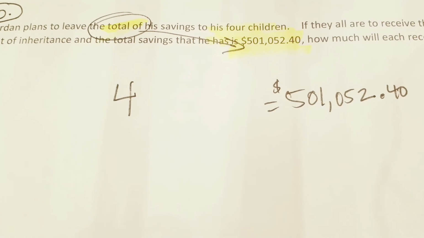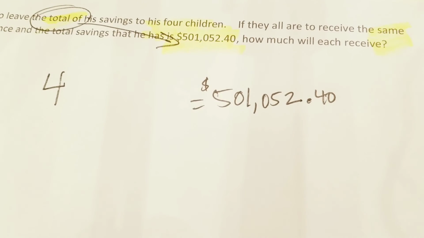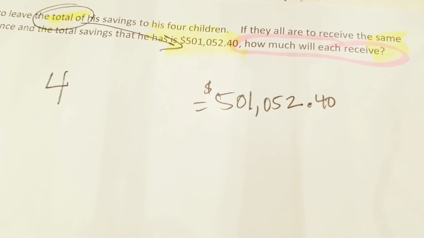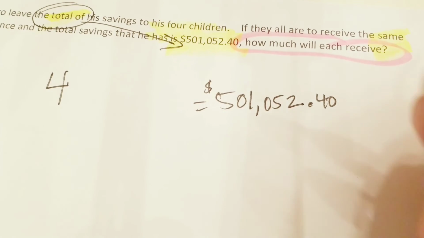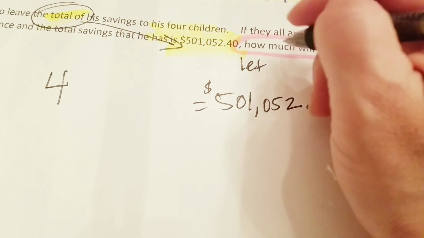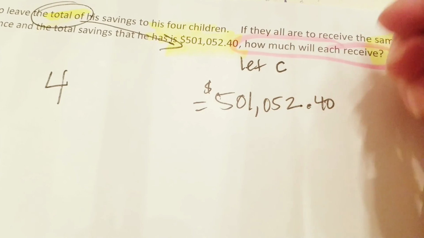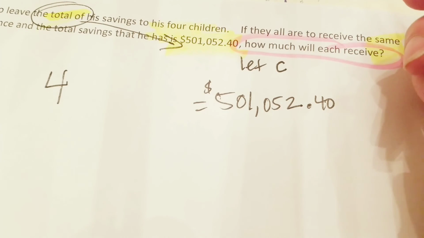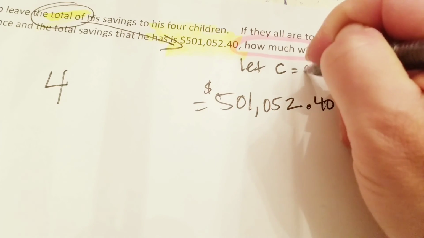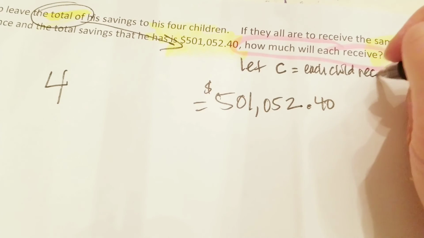So let's look at our question here. How much will each receive? So what can our variable be? We'll just call it C for child. How much will each child receive? Let C equal how much each child receives.